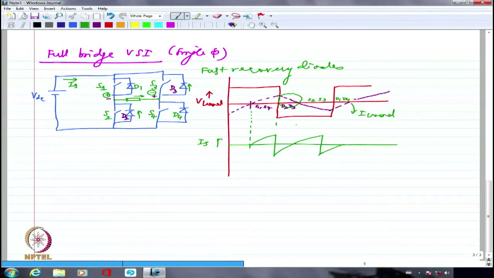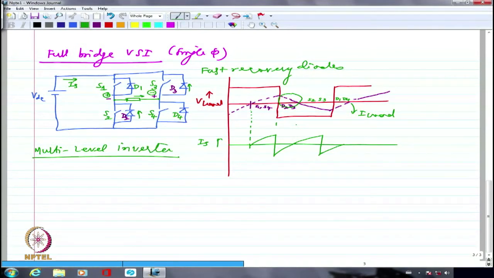But sometimes, if I'm going to have 20 kilovolt or 30 kilovolt as the overall voltage rating of my circuit, it might be difficult to just employ a pair of devices. You might have to employ many of them in series. Rather than that, we sometimes employ something called a multi-level inverter.